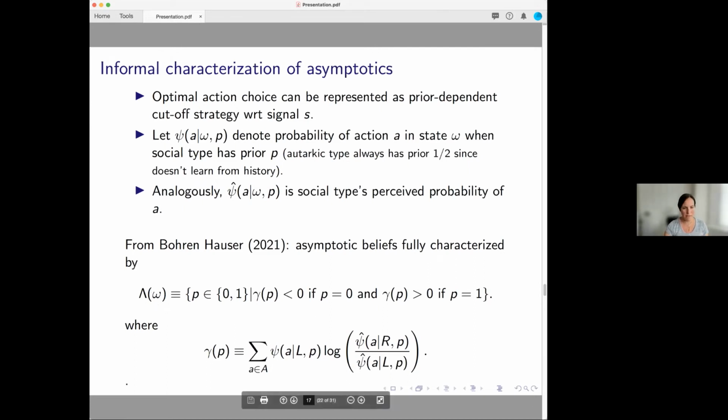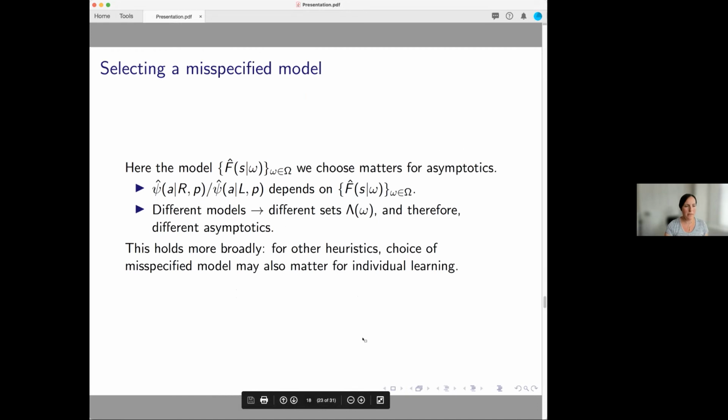This is the relative probability of the action in each state at a given prior, these psi hats. And the ratio of these psi hats in each state, unlike the previous case of individual learning, depends on our underlying model. What that means is that different models are going to potentially lead to different sets, lambda of omega. We show that in fact they do in this overprecision example, and therefore different sets of stable beliefs lead to different asymptotic learning predictions.